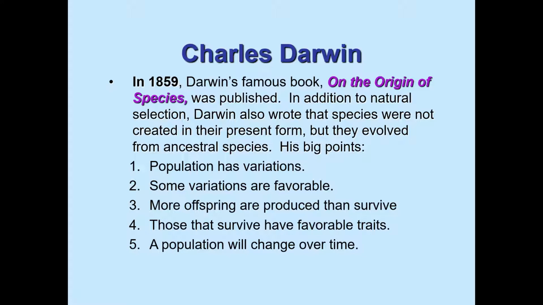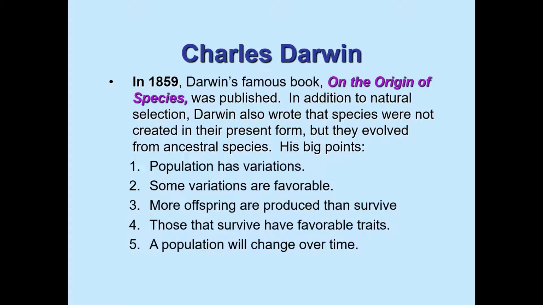Now, in 1859, Darwin's famous book on the origin of species was published, and he wrote about natural selection in his work. And then he also wrote that species weren't created in their present form, but they evolved from ancestral species. And besides natural selection, he had some big points that were pretty important.